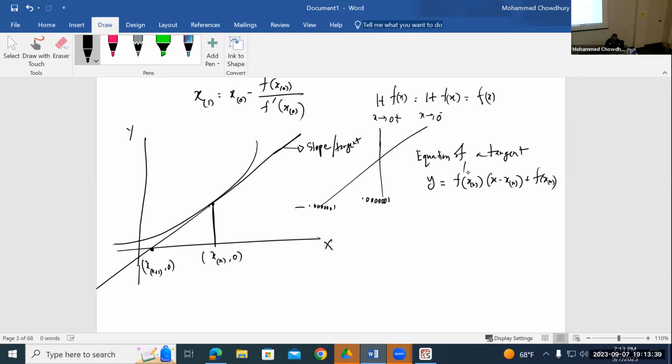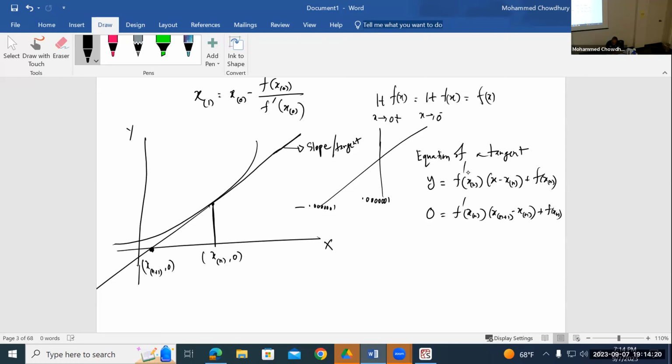Now, if I plug here 0, y equal to 0, corresponding to that. Are you understanding? If I plug y equal to 0, what is the value of x in here? Xn plus 1, right? So now I plug here xn plus 1 minus xn plus f of xn.